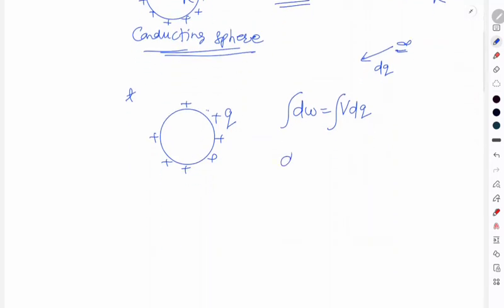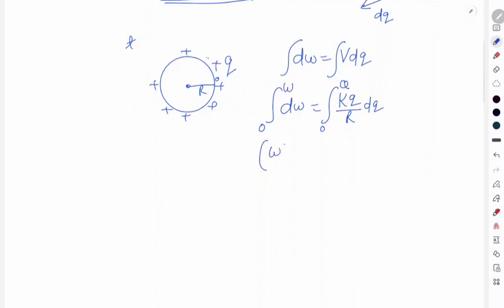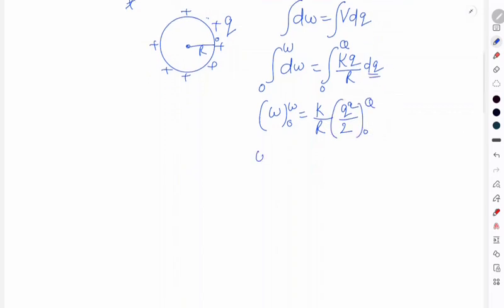So let us see the total work done. As we know, at this point near the surface, V is kq upon r, where the radius is R, and here it is dq. Now the charge goes from 0 to capital Q, and work done is from 0 to W. The k and R will come out, and here will be Q square upon 2, the integration of q with respect to q from 0 to Q. Thus we got W as kQ square upon 2R.